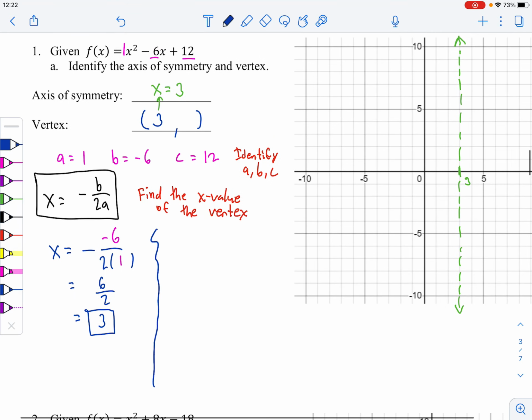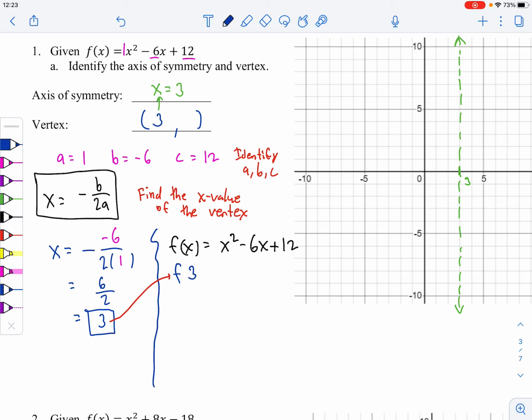So we're going to substitute it into our original equation. Let's write that down. We get f of x equals x squared minus 6x plus 12. We want to substitute this into our equation.